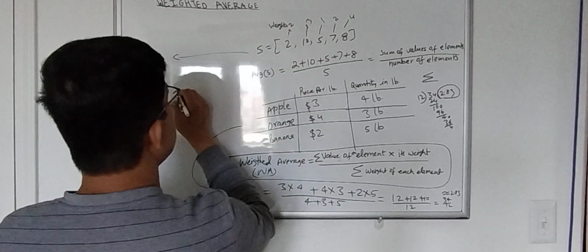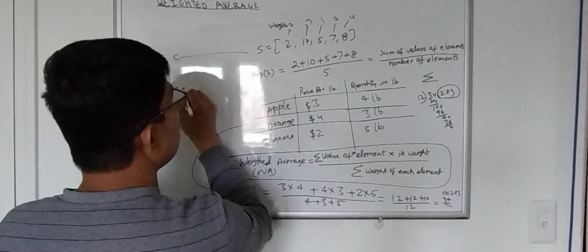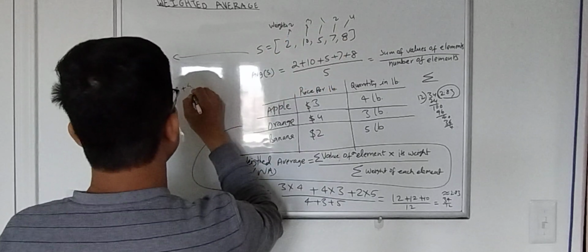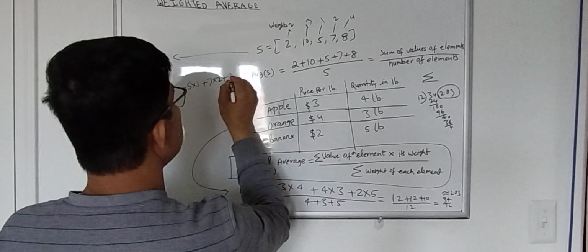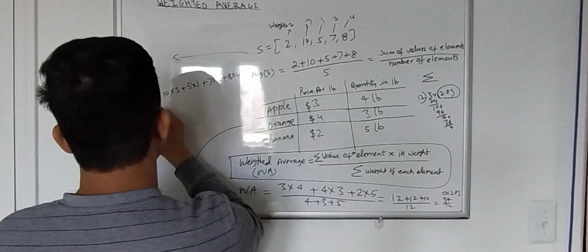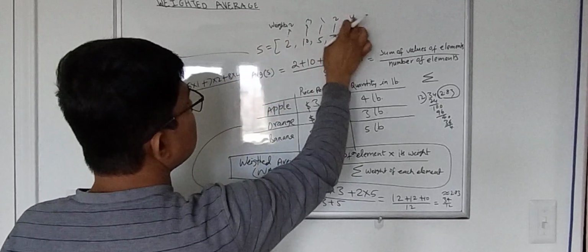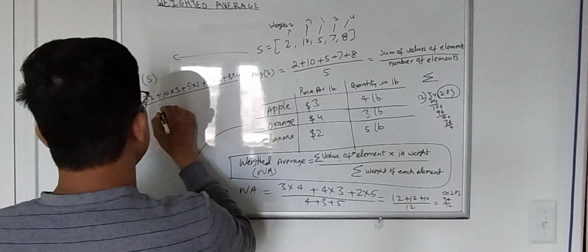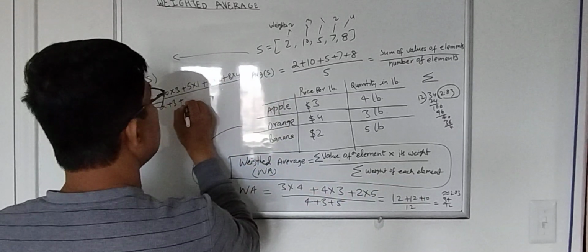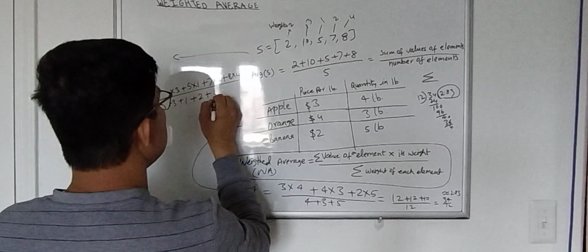Okay. 10 times 3 plus 5 times 1 plus 7 times 2 plus 8 times 4. Divide by the sum of weight of each element. So that is 2 plus 3 plus 1 plus 2 plus 4.